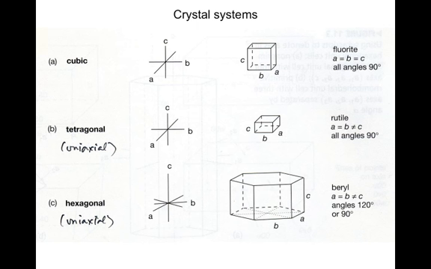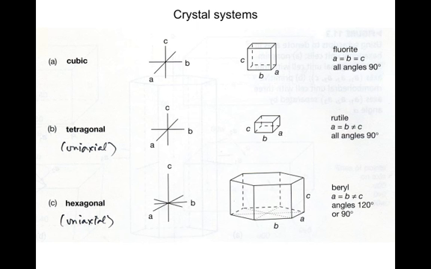That describes a cube, hence the crystal system name of cubic. The tetragonal crystal system, as in rutile, the A and B axes are the same length, but the C axis is different, and all the angles between those axes are 90 degrees.